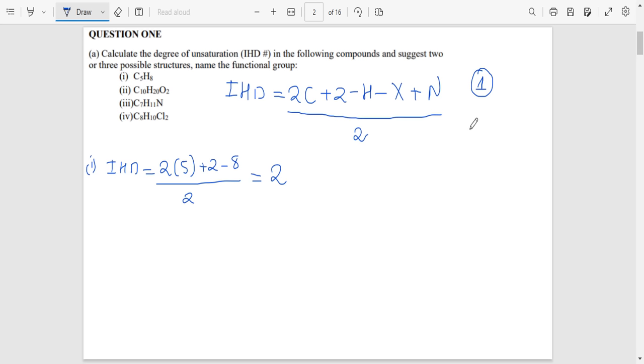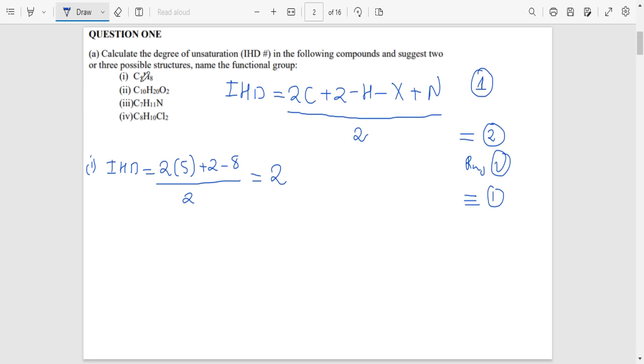So all those are meanings of IHD. So what are we saying? Either two double bonds, or two rings, or a ring and a double bond combined, or only a triple bond. A triple bond has an IHD of 2.